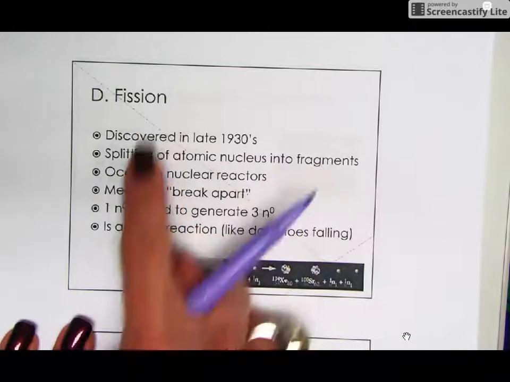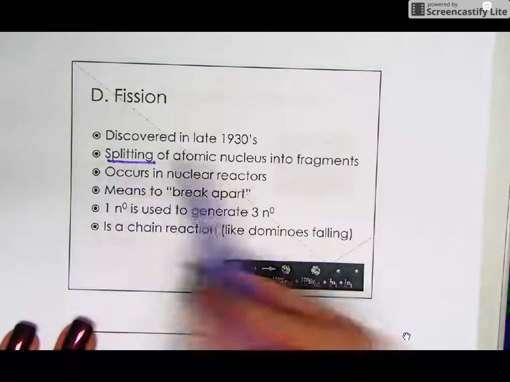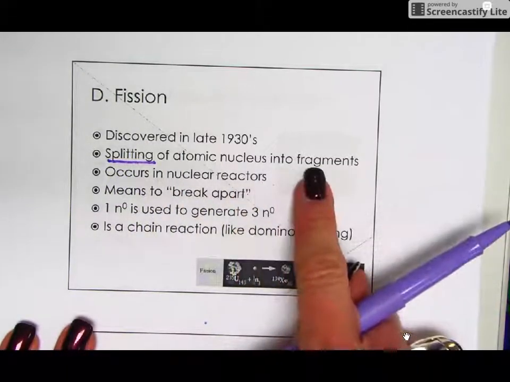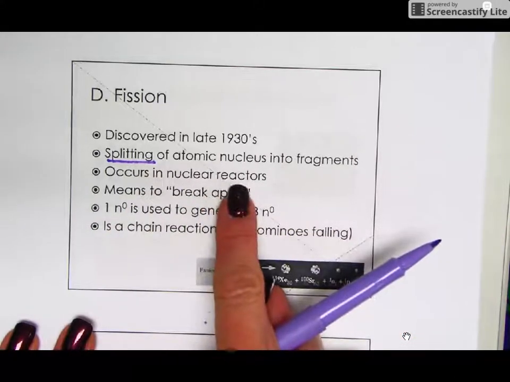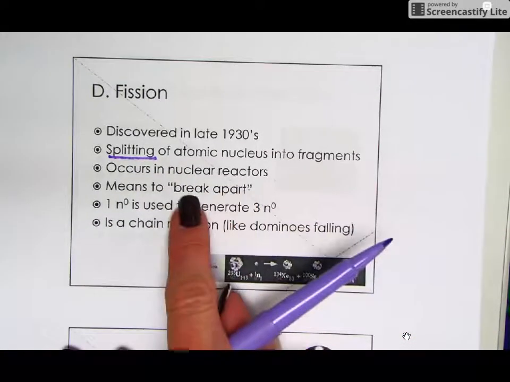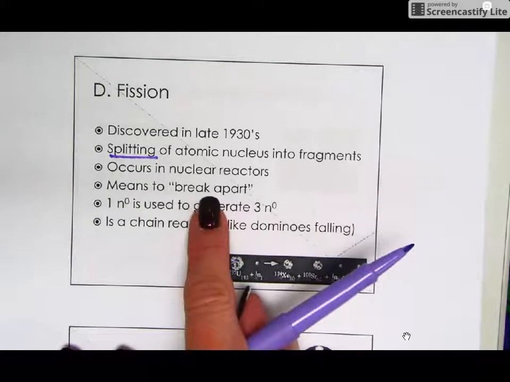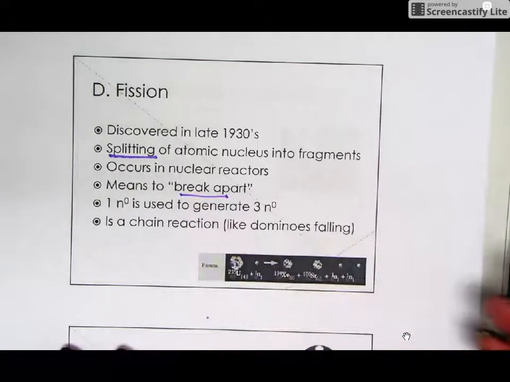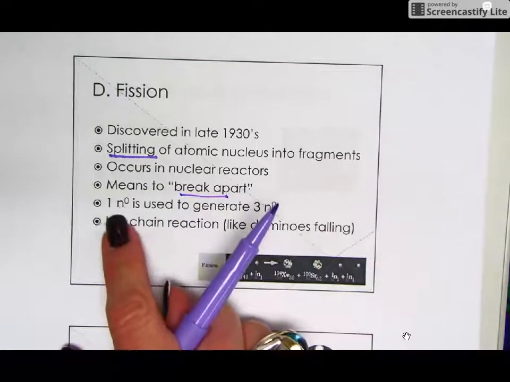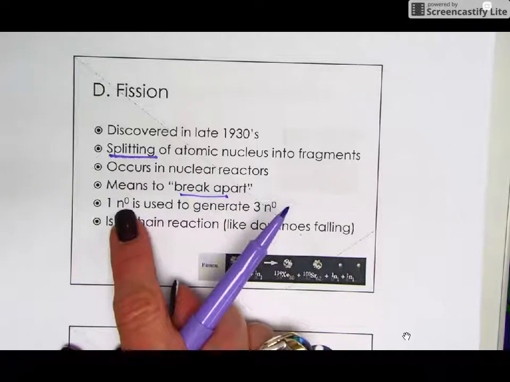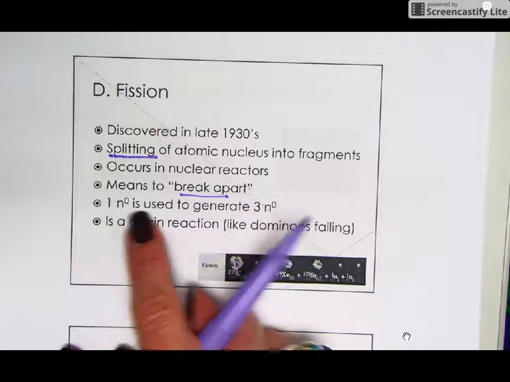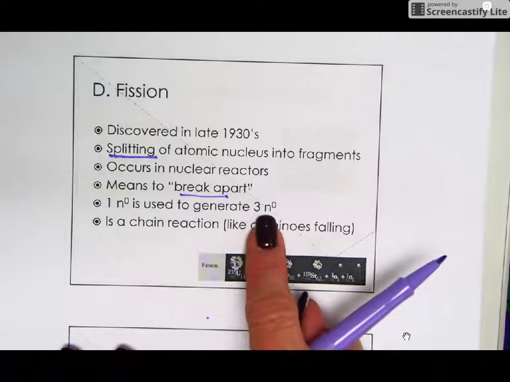The word fission means to split. It's a splitting of the atomic nucleus into fragments. And it occurs inside of nuclear reactors. Think about it, fizzles apart. It breaks apart. In a fission reaction, you use one neutron, and in return, it generates 3 neutrons.